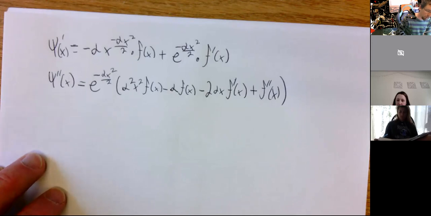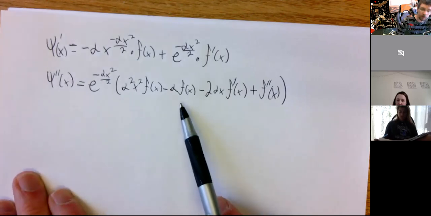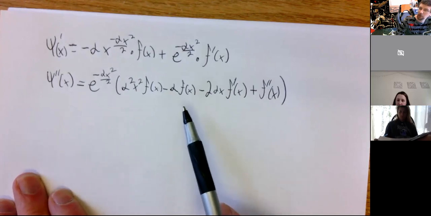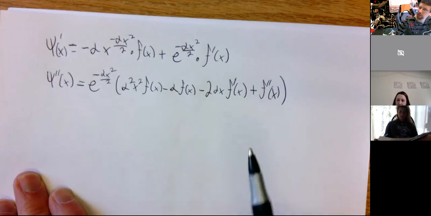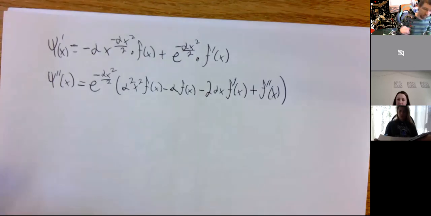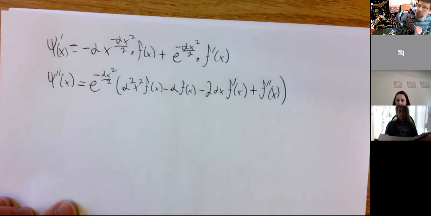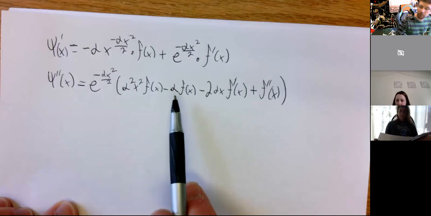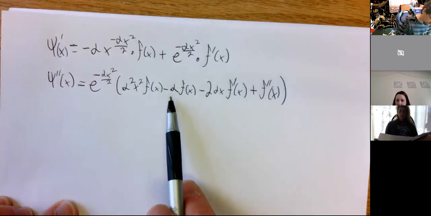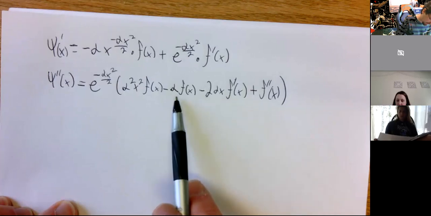Okay, cool. So now we're going to take this equation and plug it into that Schrodinger equation that we found earlier, where we manipulated everything to be equal to 0. I don't have that second alpha term after the minus alpha f of x in my notes. It's just everything without that.